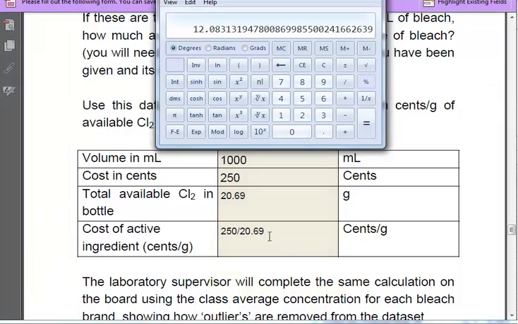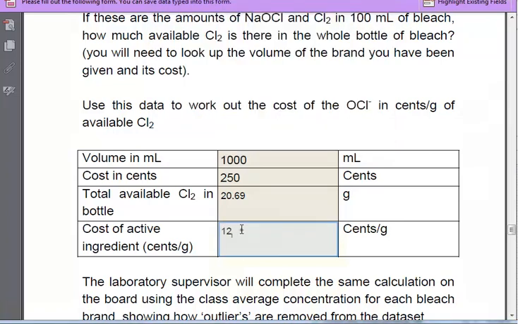So that's a very expensive bottle that I've just invented. You'll do that on your actual cents per gram.